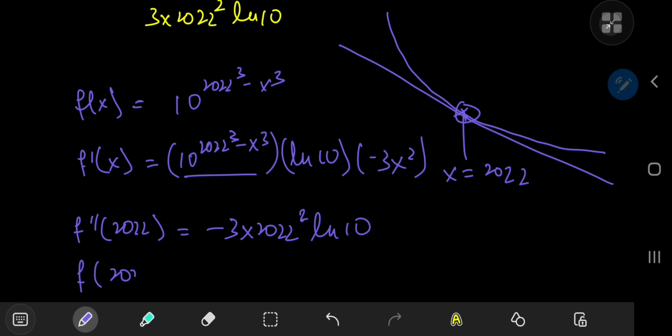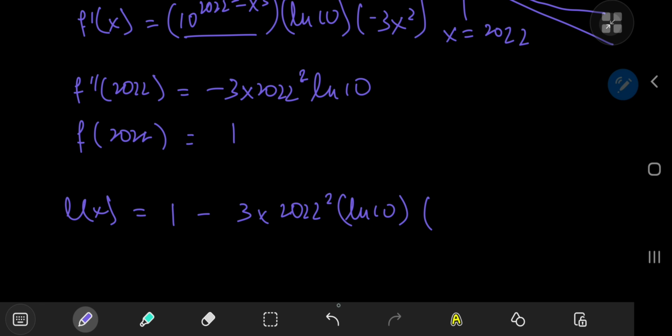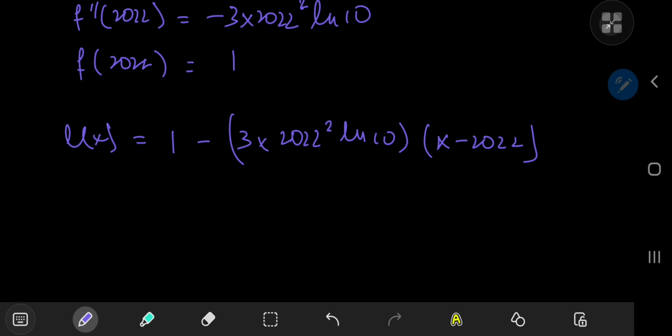And f of 2022 is conveniently 10 to the 0, which is 1. So the linearization sorts out to L of x being equal to 1 minus 3 times 2022 squared times log 10, all times x minus 2022. Okay, cool.